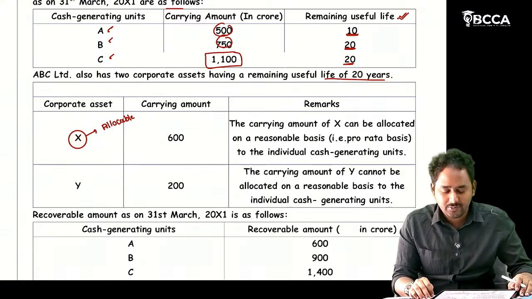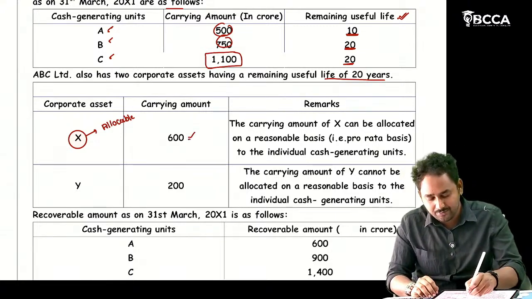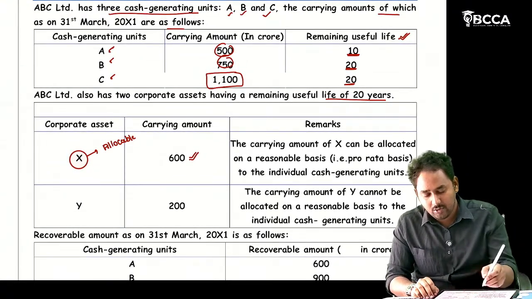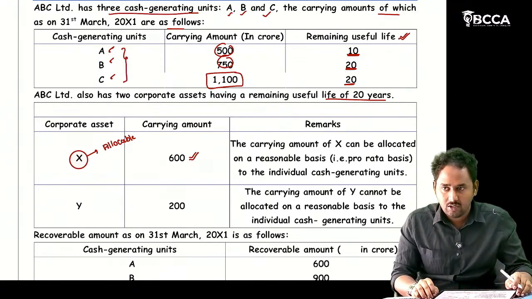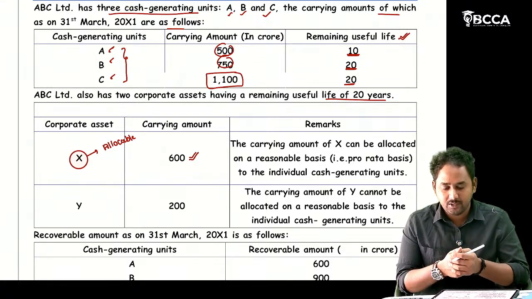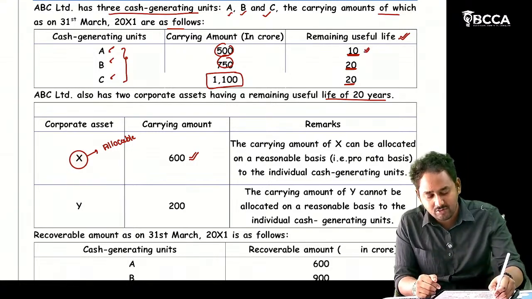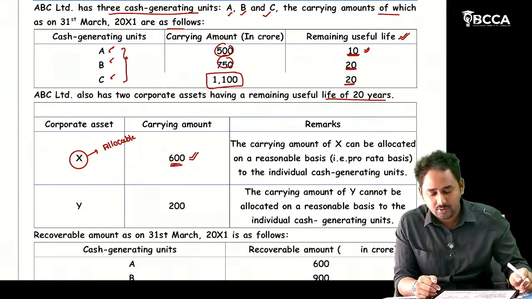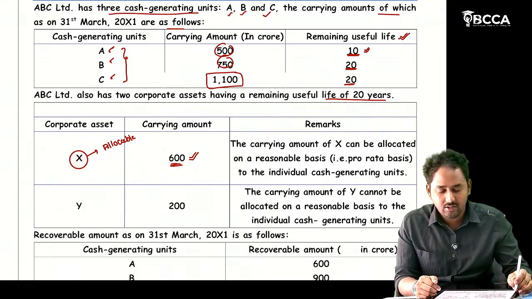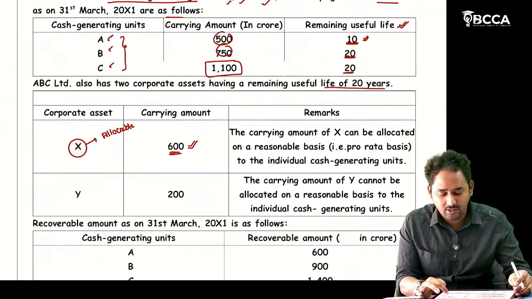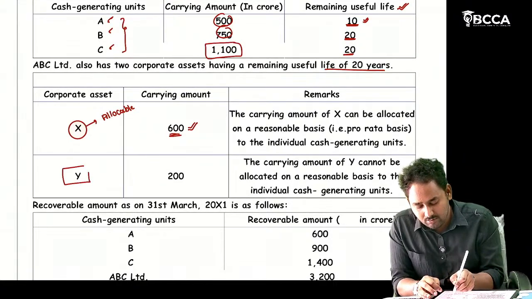Allocable corporate asset means this 600 can be allocated to the cash generating units A, B and C in their carrying amounts generally. But here the remaining useful life is also there, so this 600 should be allocated to A, B and C in the ratio of carrying amount into remaining useful life.